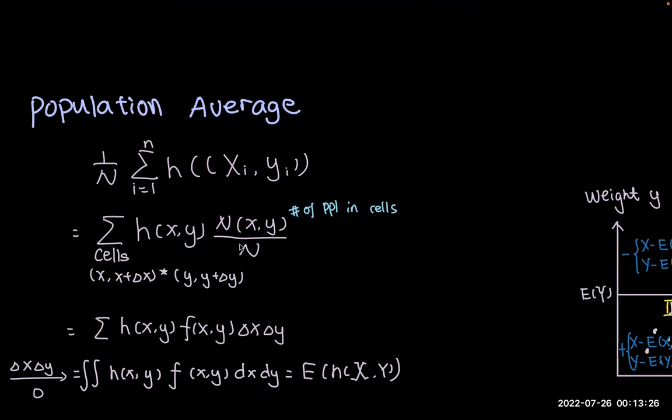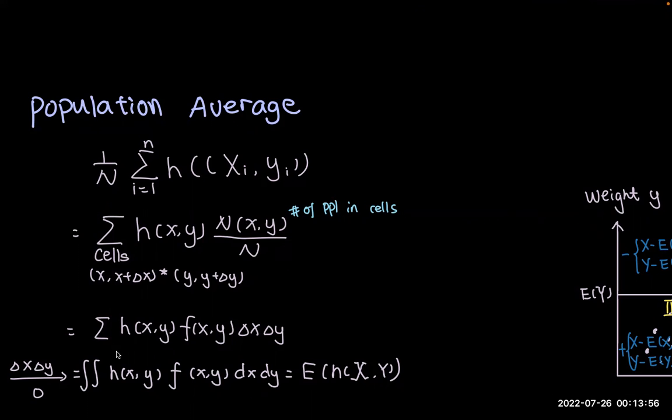The number of points in this cell is nxy, and here you divide this by n, so this gives you the population proportion, which is also the probability in random sampling, right? And this is exactly f of x, y times delta x delta y. So density times area gives us the probability, or population proportion.